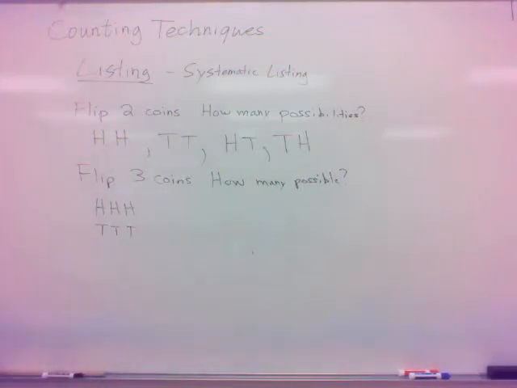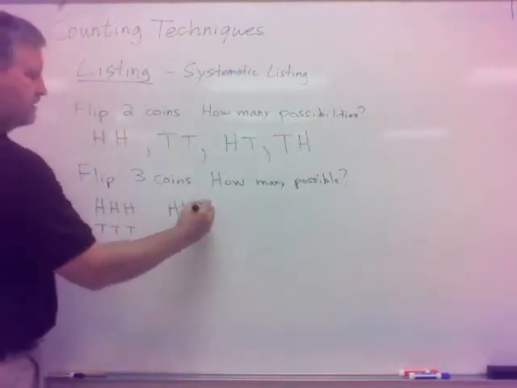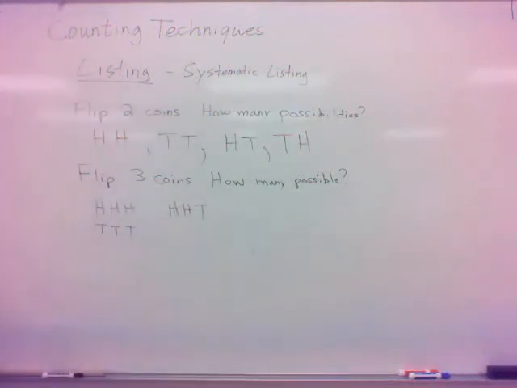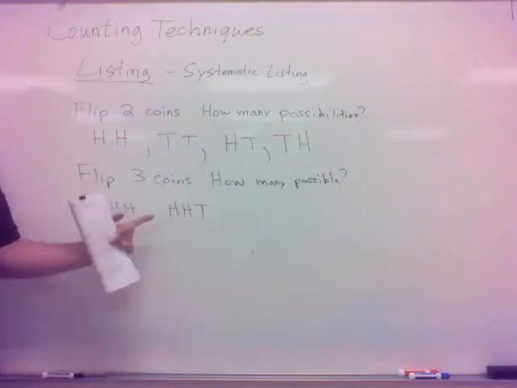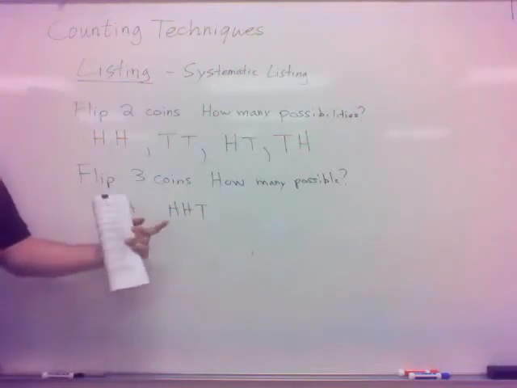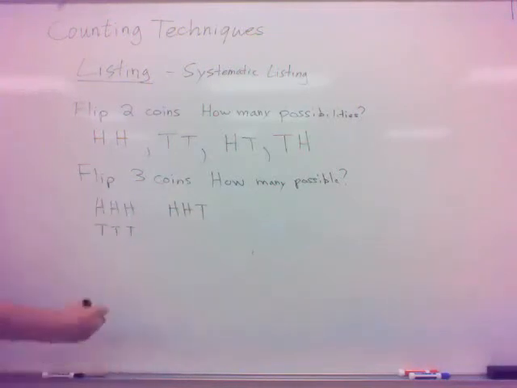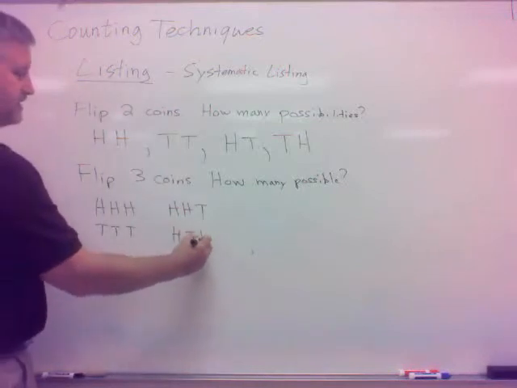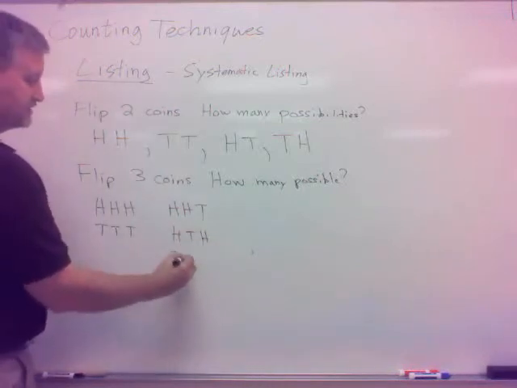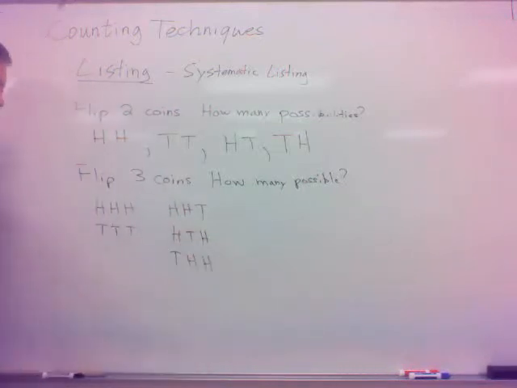But then we can have variations of heads and tails, right? We could have 2 heads and 1 tail. Again, making a distinction between first, second, and third coin, that's one possibility. But there's also a couple others. I could have the tails in a different spot, so to speak. I could have heads, tails, heads, or tails, heads, heads. That would be 3 different ones.